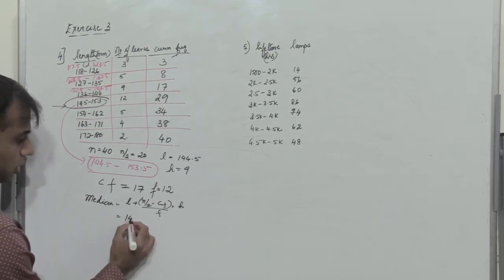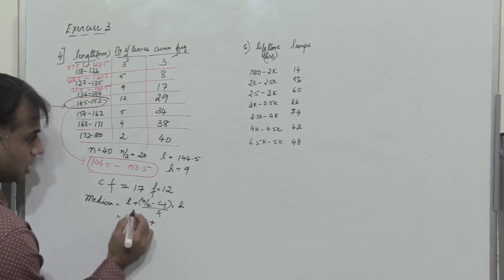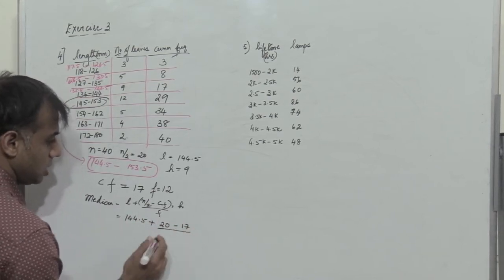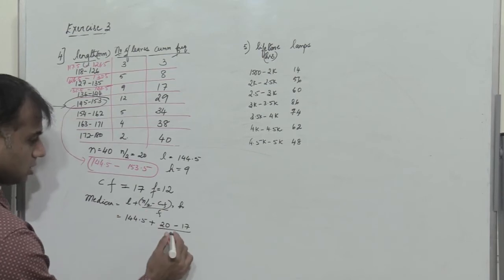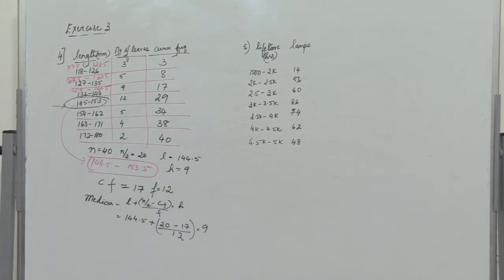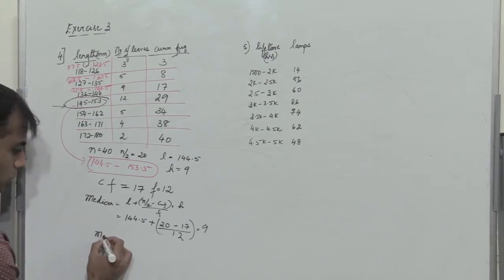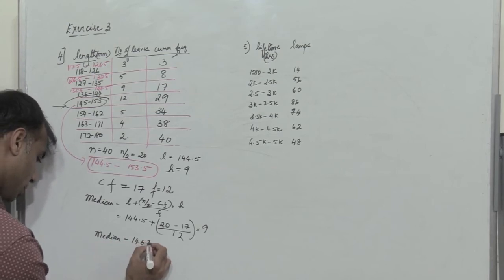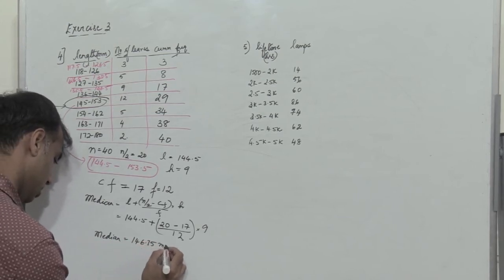So it is 144.5 plus n by 2, which is 20, minus CF, 17, divided by F, 12, into H, 9. So the median value we get is 146.75 millimeters.